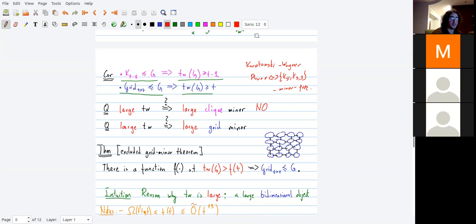And observe that a grid is actually planar, so it doesn't contain K5 as a minor. However, arbitrary grids have arbitrarily large treewidth.